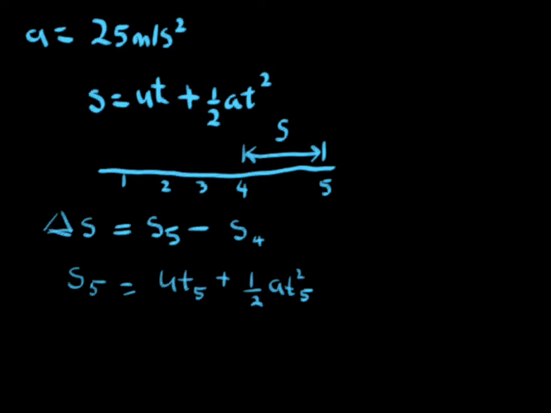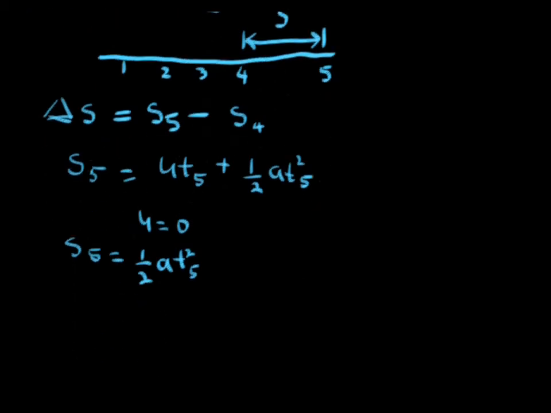Now, since our u is 0, because the question says that the motorcycle starts from rest, our distance covered in the fifth second would be just 1 over 2 at square, still in the fifth second.